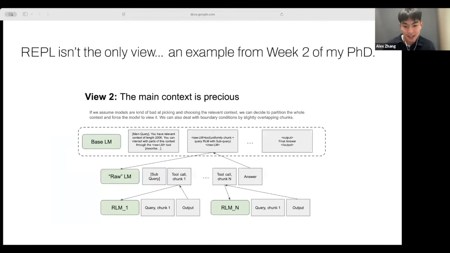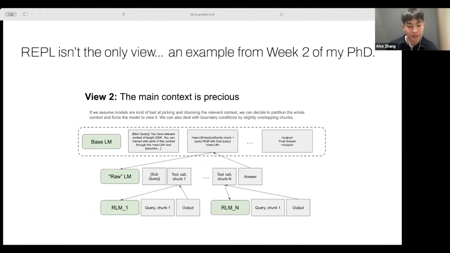This is another thing that I didn't really share: these are some older diagrams I had when I was pitching some stuff to Omar early on. I mean, I'm still early on in my PhD, but very early on.